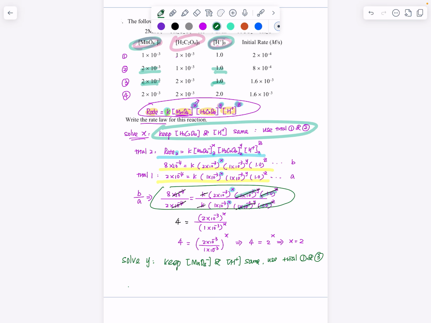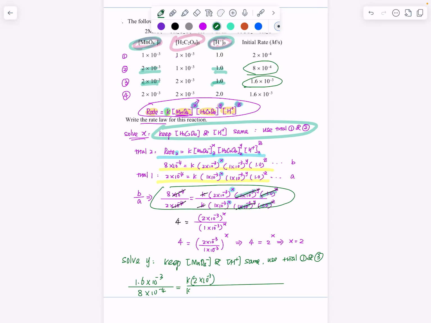I'll put the rate on the left side, using the bigger value on the numerator. Like I said, you can use the other one; the other way around is totally fine and will come out to the same value anyway. On the right side, of course, k is there, 2 multiplied by 10 to the power negative 3.